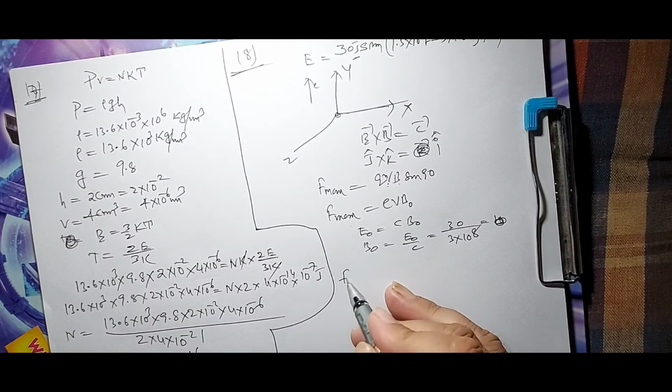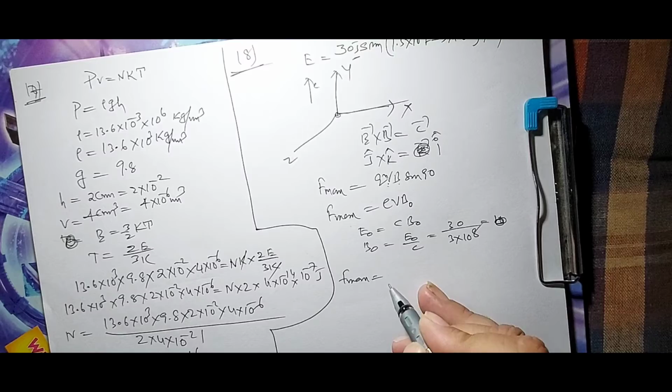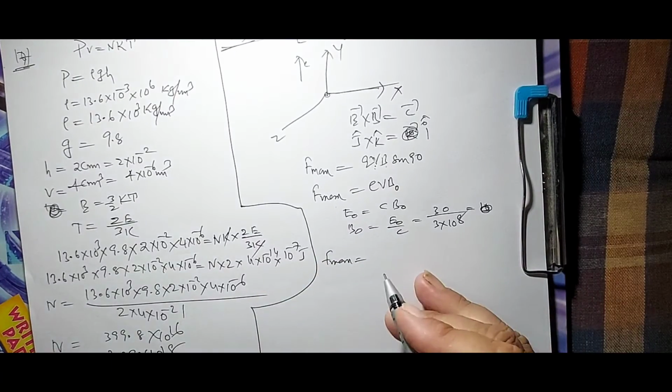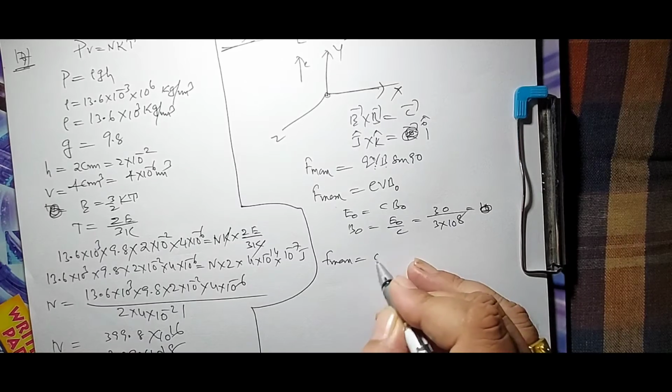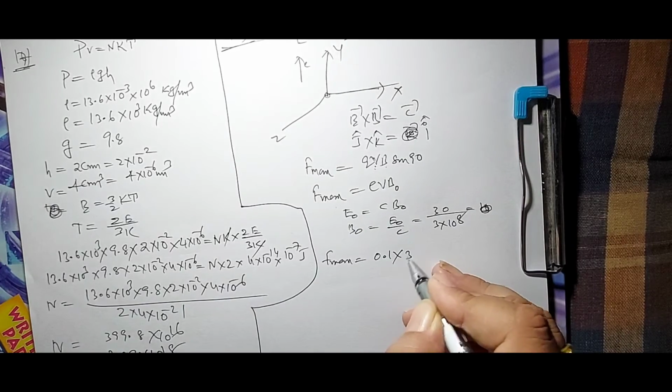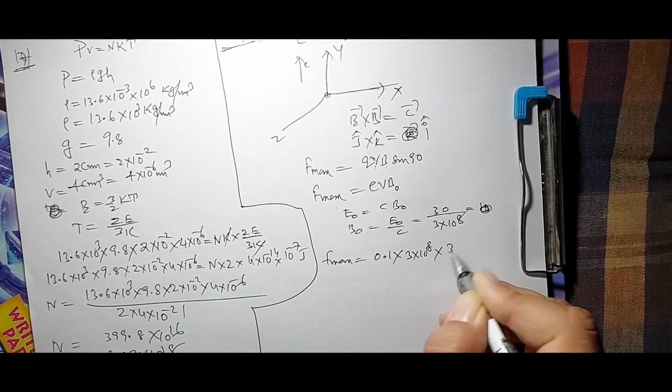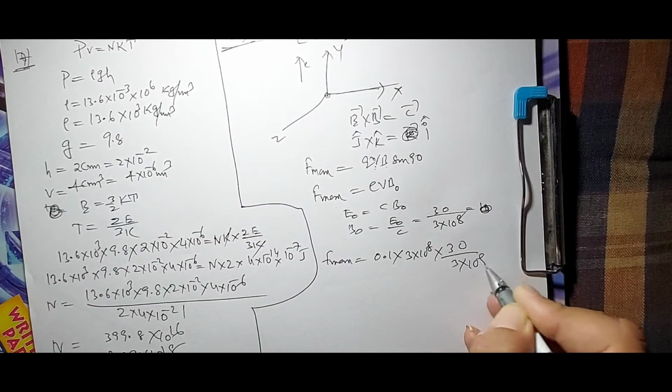Now F maximum is equal to, V means 0.1 into C, 3 into 10 to the power of 8, into 30 divided by 3 into 10 to the power of 8.